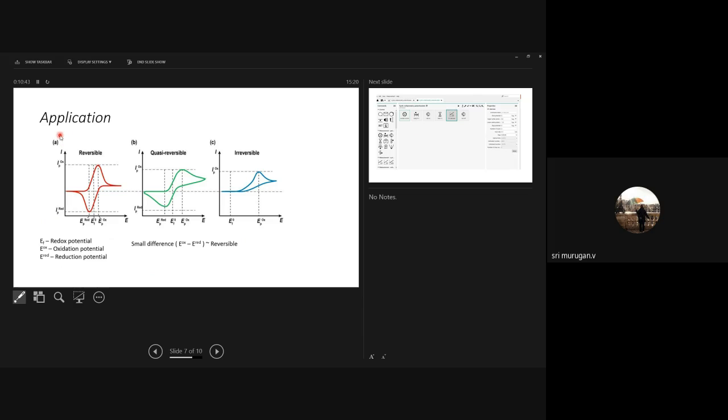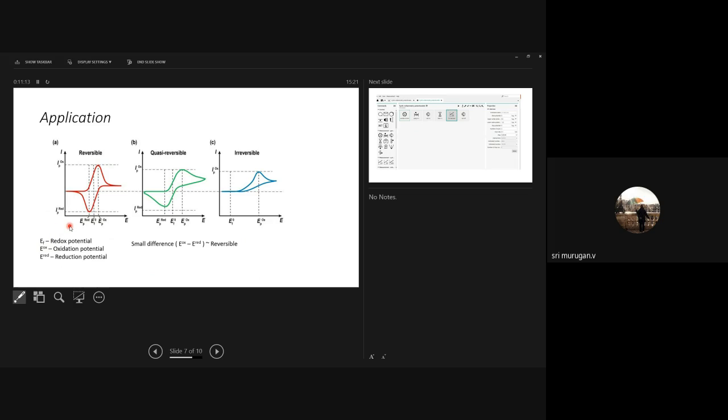And one more thing is, we usually conduct this experiment to verify whether the reaction is reversible or irreversible. Initially we don't know at what potential the redox reaction or oxidation is happening. So we'll make a solution and try it with the standard electrode.